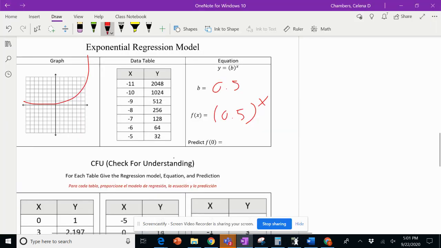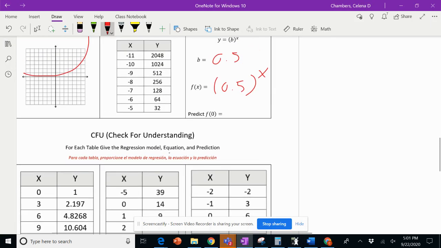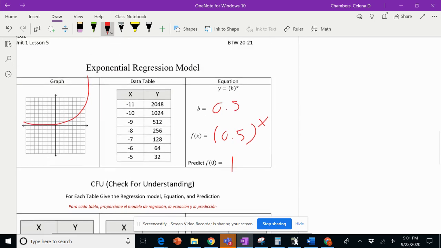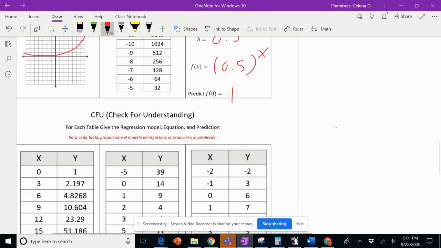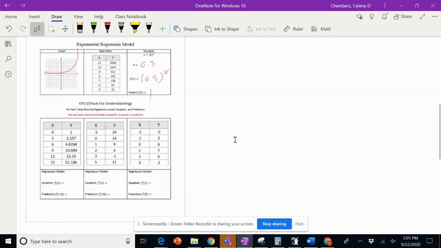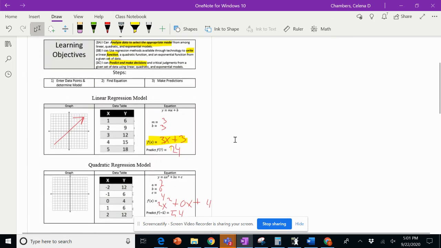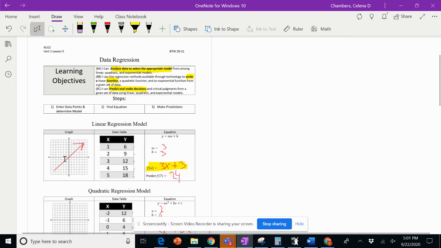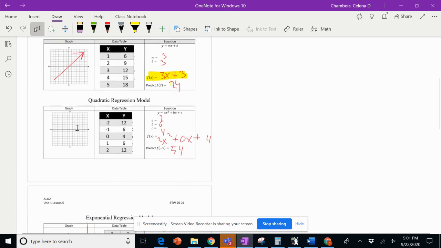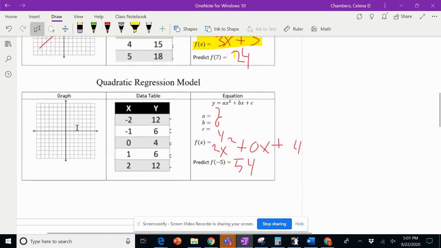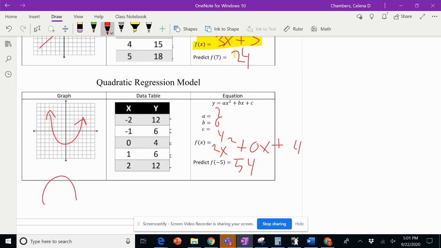So I just did 3 practice problems with you. I showed you what a linear regression looks like here. And a quadratic, we did it on Desmos, but if you don't remember, it can either be an up-facing parabola, or it can be a down-facing parabola.